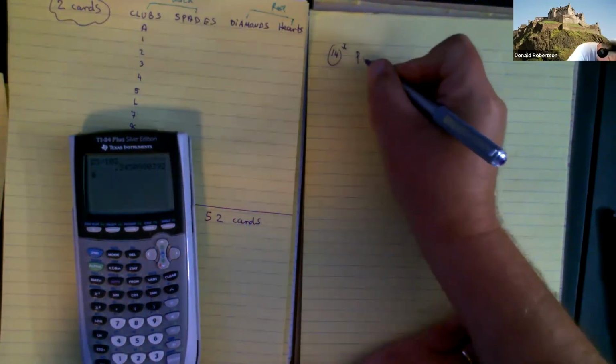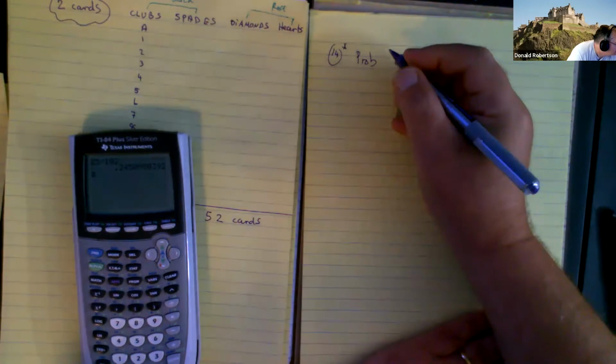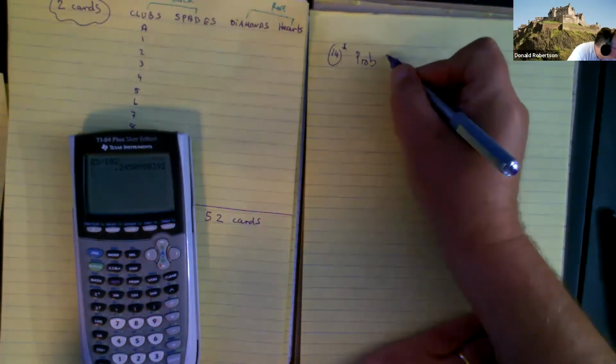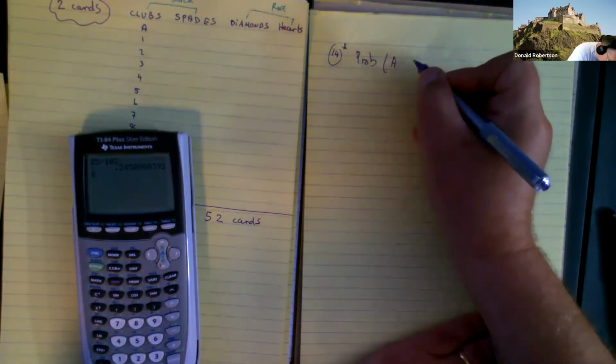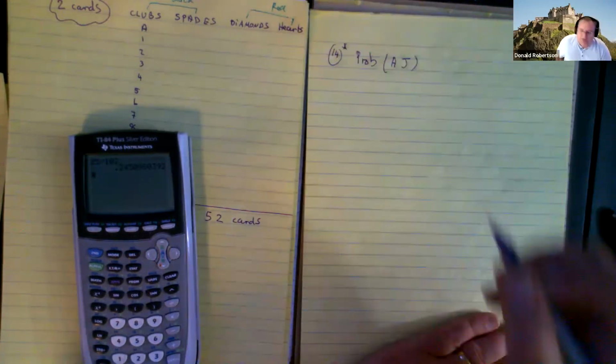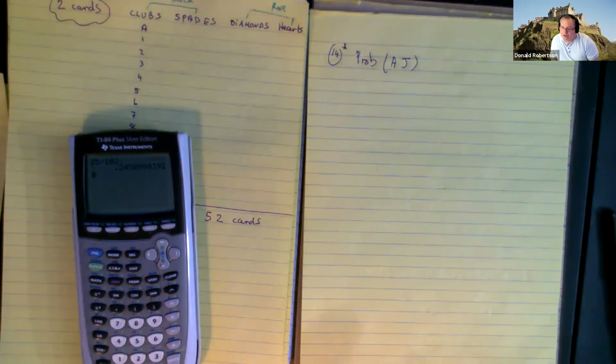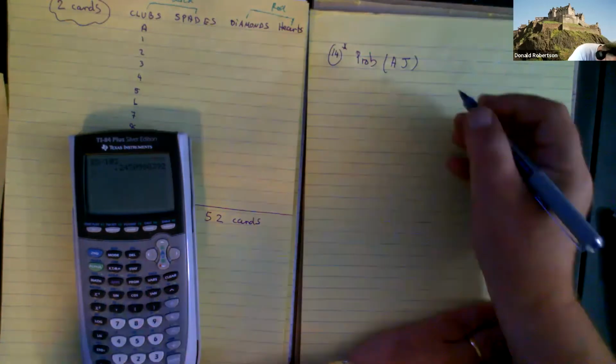And we're being asked to find the probability of an ace on the first card and a jack on the second. Right, so your first card is an ace and your second card is a jack. If you play cards games, isn't that blackjack? Which means you're going to win some money. At least that combination is.